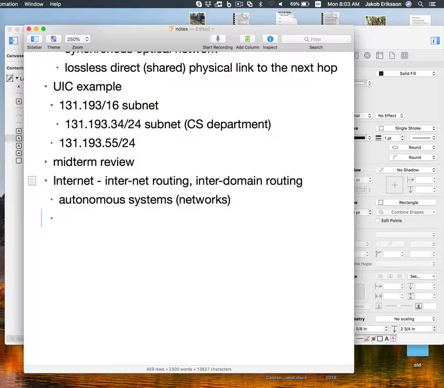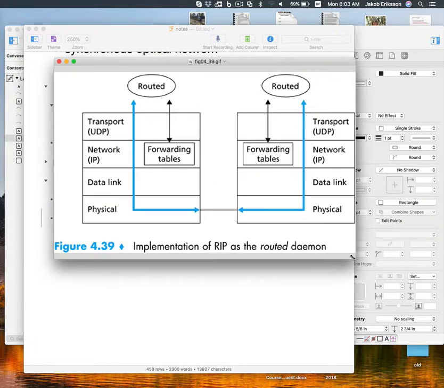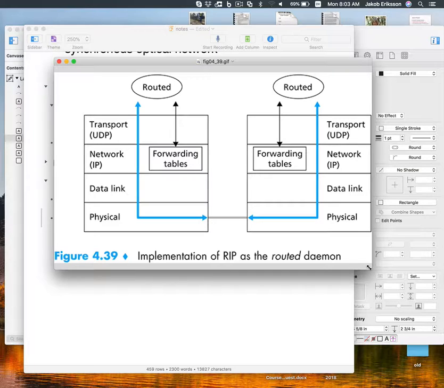Okay, so we looked at how to set up routes manually in the past, and I thought I'd just show you this from the textbook. Oh, and by the way, we should be reading in the textbook the network layer. Basically, you want to have a good idea of IP, naturally, as in the protocol headers, and also the meaning of network prefixes, IP addresses, the broadcast address, the net mask, and such.